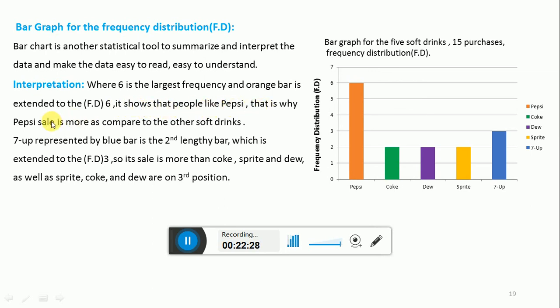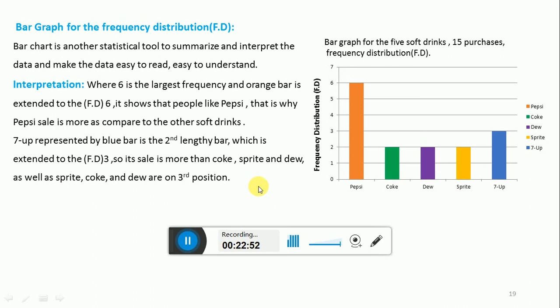That is why Pepsi sale is more compared to the other soft drinks. 7-Up, represented by the blue bar, is the second longest bar, extended to the frequency 3, so its sale is more than Coke, Sprite and Dew, which are in the third position.